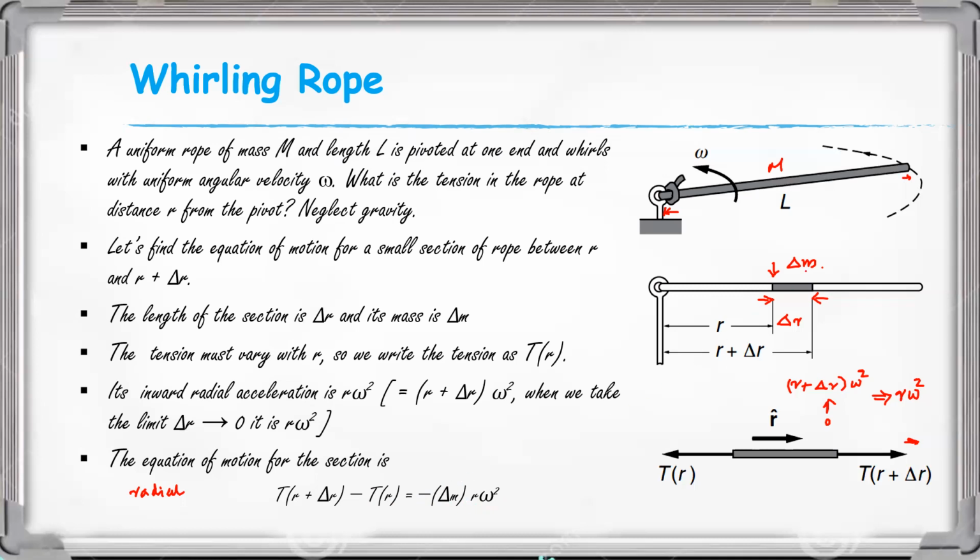Here the mass of the section is delta m, and r omega square is the acceleration. That centripetal acceleration is acting inward in this direction, so it has a negative sign.